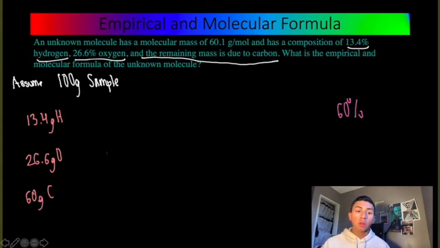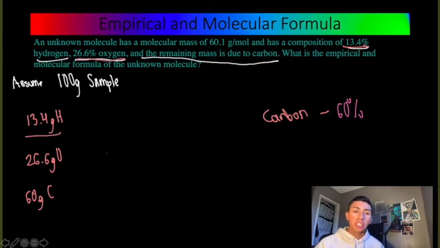Now, if you got a little confused there, it's the same as saying that because I know the percent composition of hydrogen is 13.4 in a 100-gram sample, 13.4% of 100 would be 13.4 grams here. If I know that the percent composition of oxygen is 26.6%, 26.6% of a 100-gram sample would be 26.6 grams.